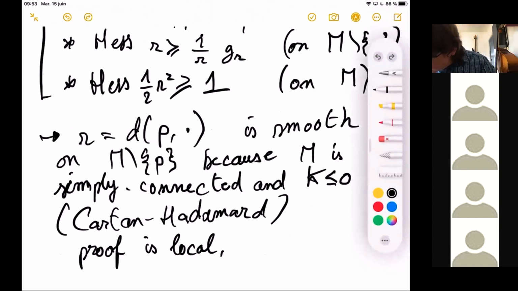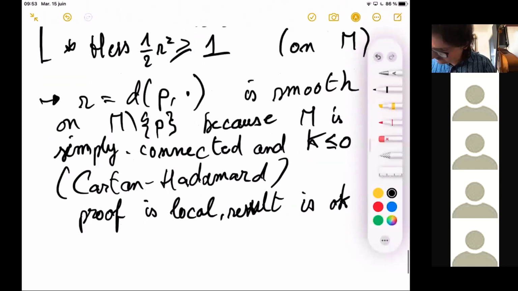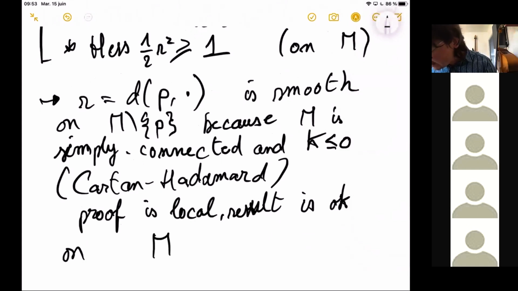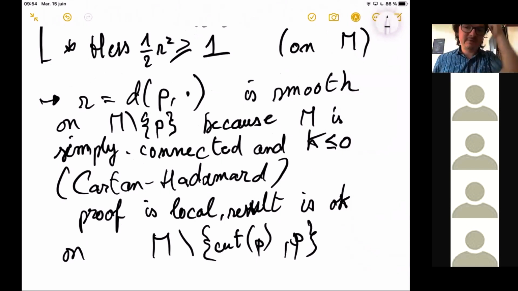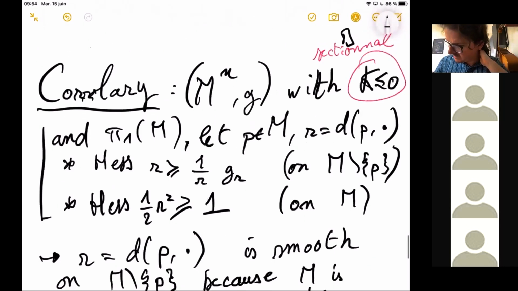And so the result is okay wherever, yeah, maybe not state it like that, it is okay on M minus the cut locus of p, and p if you're using R and not the modified part. Okay.